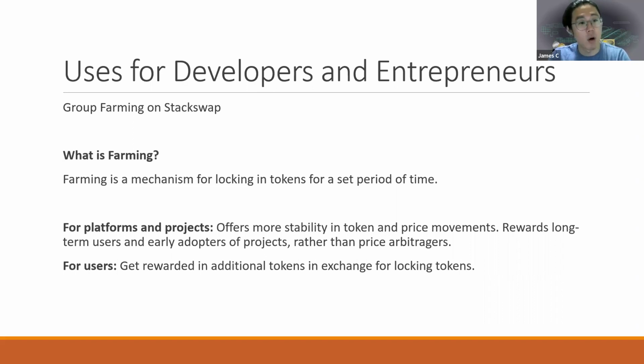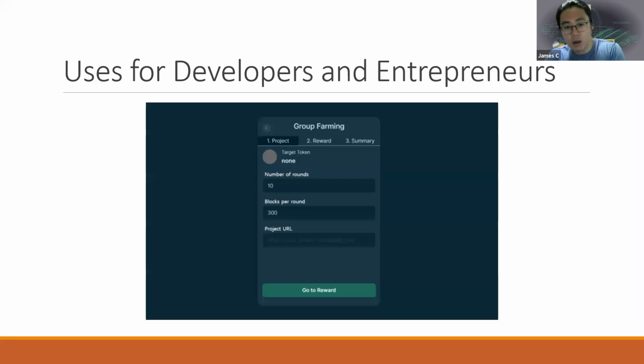Okay, so I'm going to go over our group farming just so you can get an idea, and maybe you can also think about how we have set this up on the farm in a coding manner. So here on this screen is an empty screen. We have our target token. We can also set the number of rounds, the number of blocks that make up a round, and a link to the project. So very basic information.